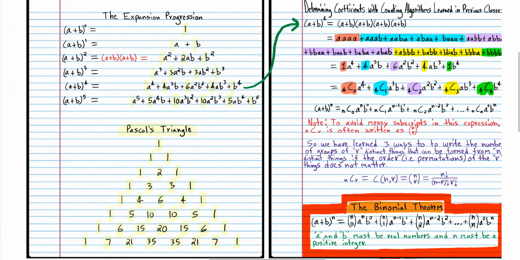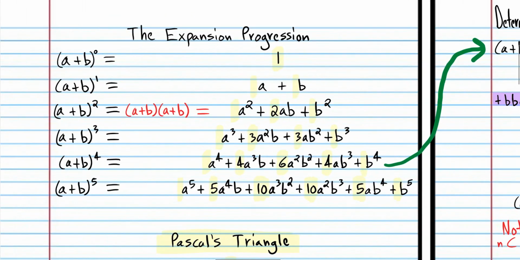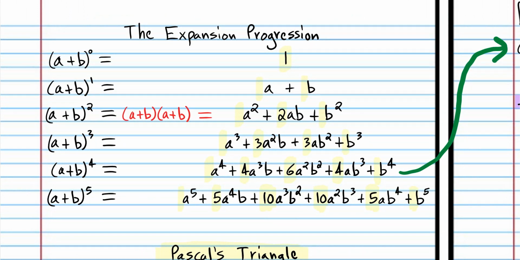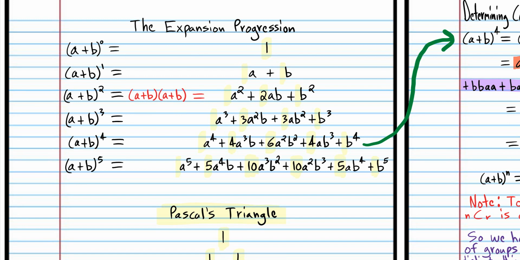So we're going to talk a little bit about where the binomial theorem came from. We're not going to spend a lot of time talking about the derivation of the formula because most importantly you don't really need to know it. But another reason that we don't really want to spend a lot of time on it is because, like I said, it took some of the best minds in the world to figure this out.